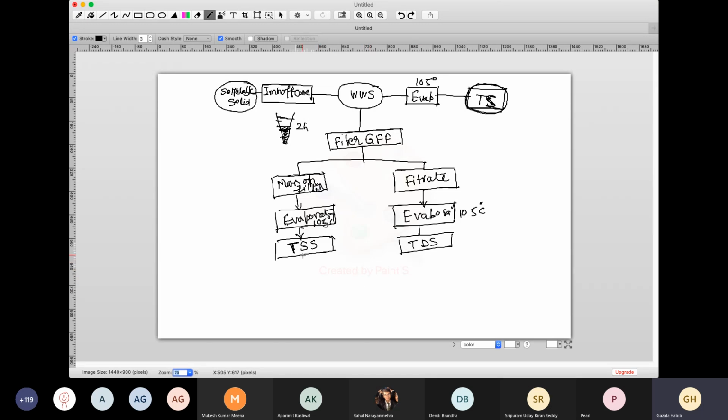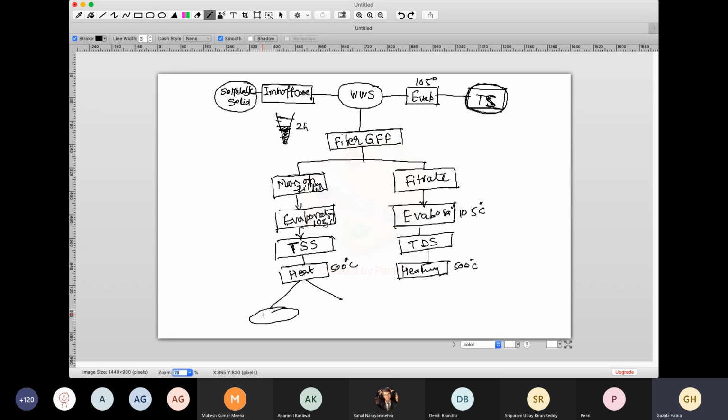Then further, if I heat this at 500 degrees centigrade, similarly here heating at 500 degrees centigrade in a muffle furnace, then there are two possibilities. I will get the material which can be vaporized, it will go away, and the fixed solid will remain.